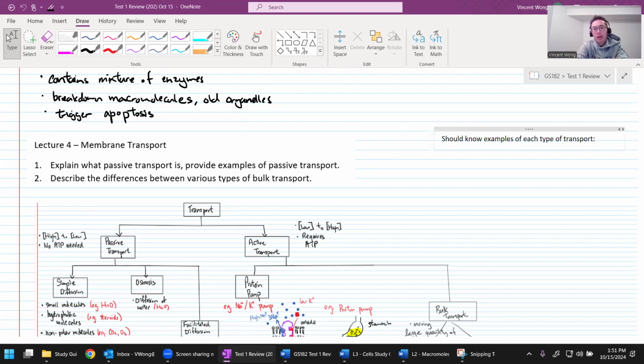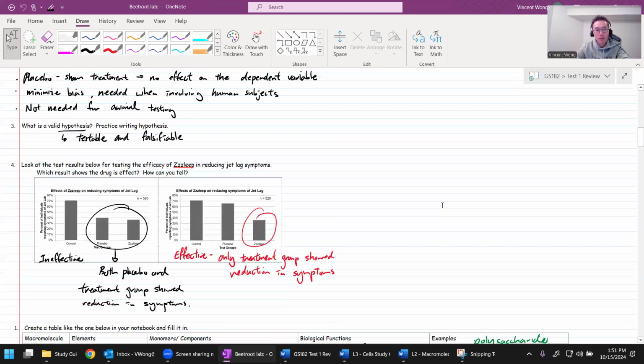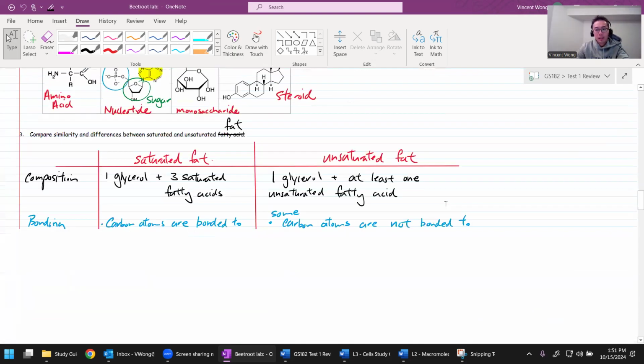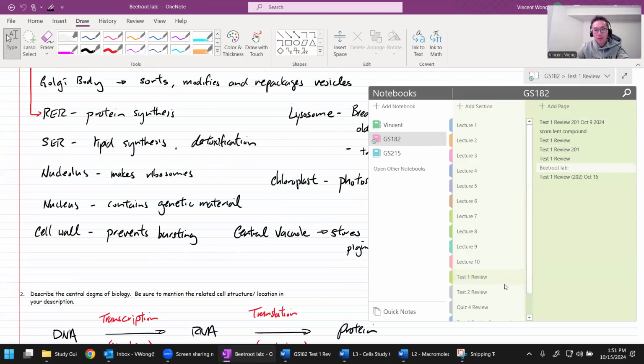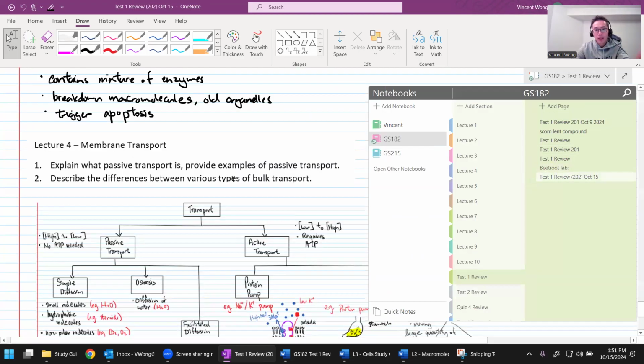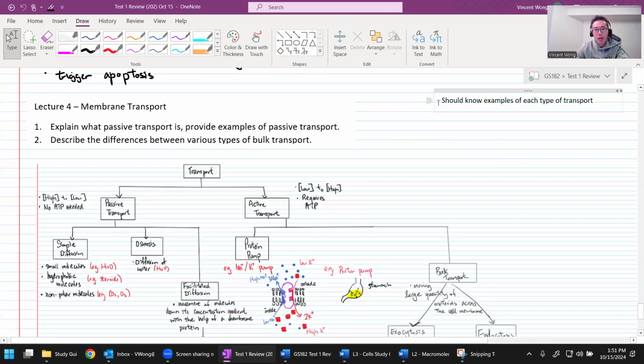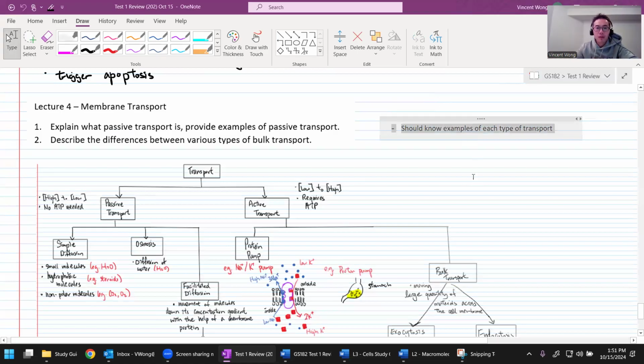For example, on the test, I can just give you an example. Oh, this is wrong. Facilitated diffusion. You should know that's part of passive transport.